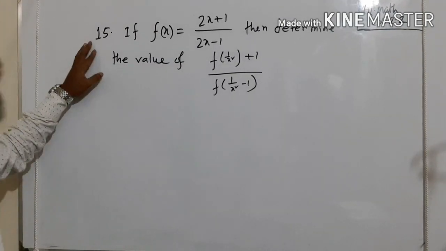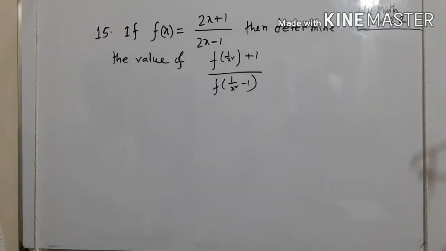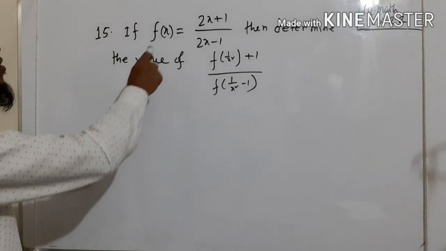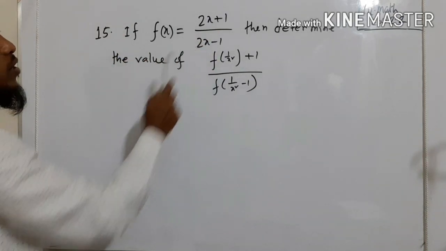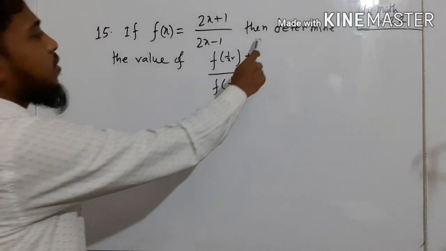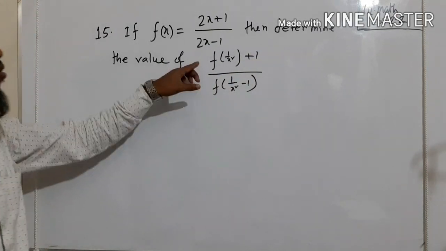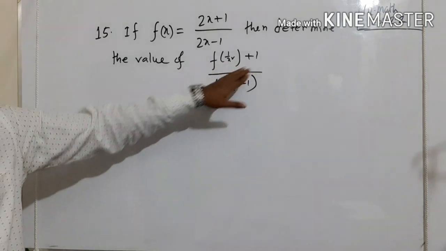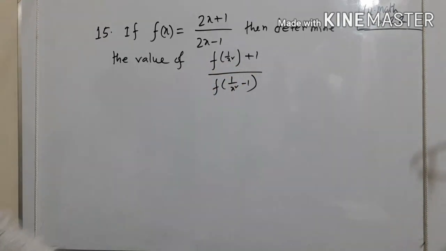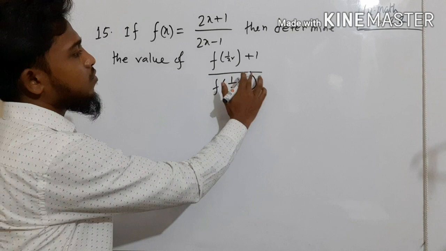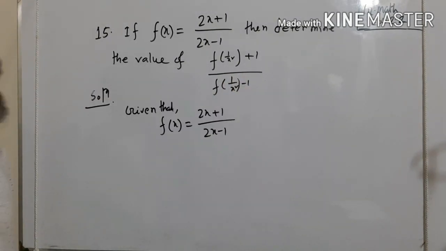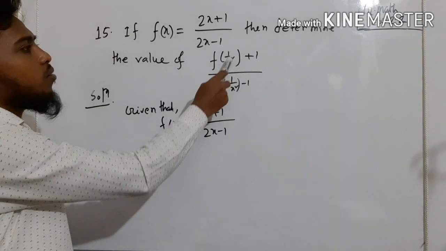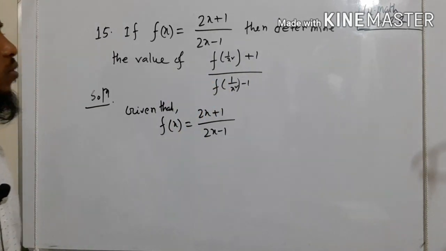Dear student, this is problem 15. Given that f of x equals (2x plus 1) divided by (2x minus 1), then determine the value of (f of 1 by x square plus 1) divided by (f of 1 by x square minus 1). First of all, you have to find f of 1 by x square's value.